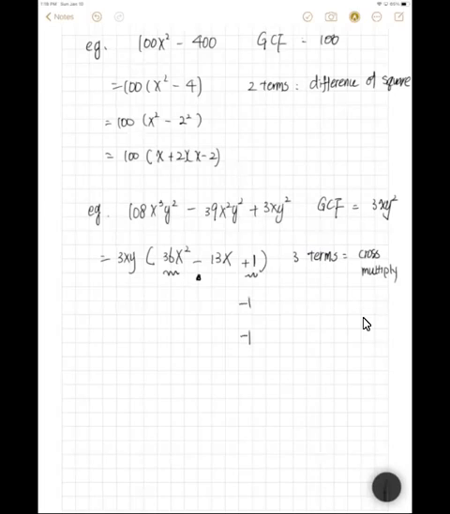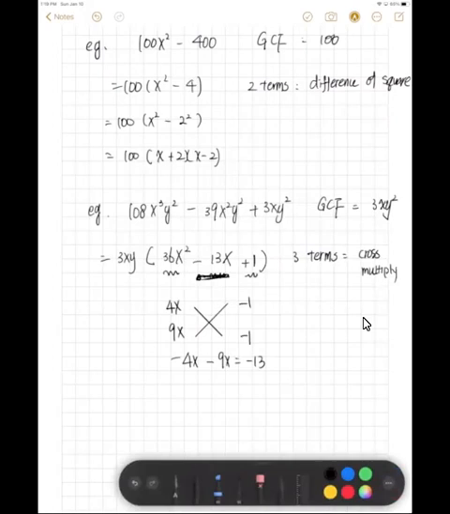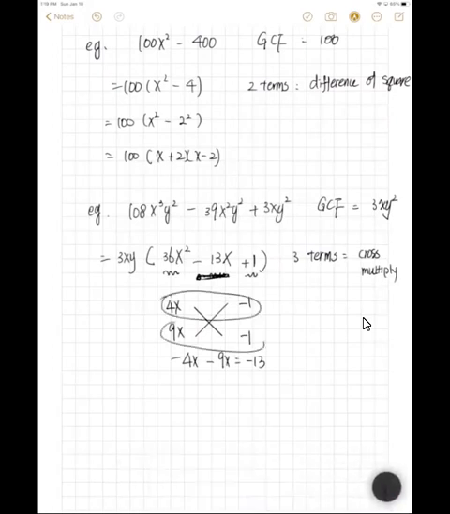And then 36x squared, you can separate into what? 4x and 9x. Cross multiply, you have negative 4x minus 9x, which is negative 13x, the second term. What we're looking for is this group. We group these together, we group these together. So I have 3xy times 4x minus 1 and then 9x minus 1. Okay.